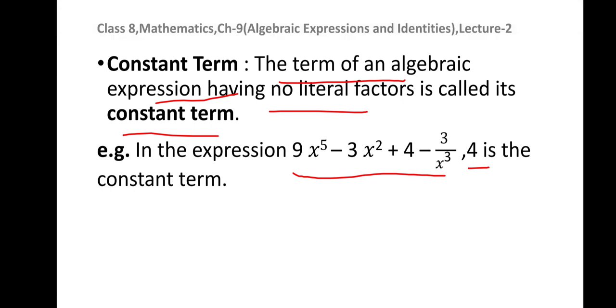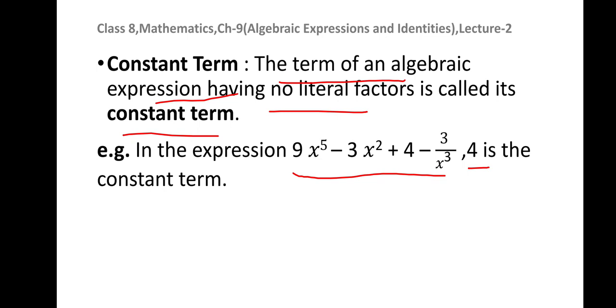And the rest of the terms, you must be observing that here x raised to the power 5, that is x, is the literal. Likewise in the second term also, x is the literal factor, again x square is the literal factor.